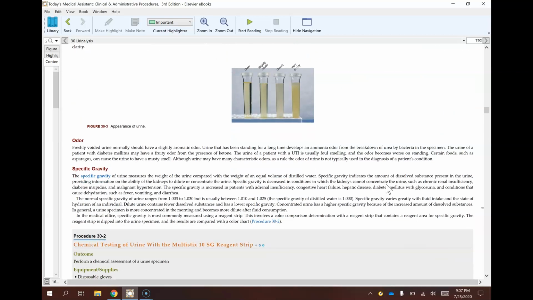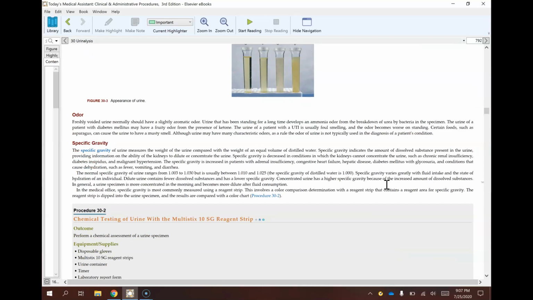So as I mentioned earlier, the odor of the urine is something that you need to pay attention to as well. If urine smells quite a bit like ammonia, that's not a good thing. Okay, if it smells fruity, it could be because there are ketones in the urine.